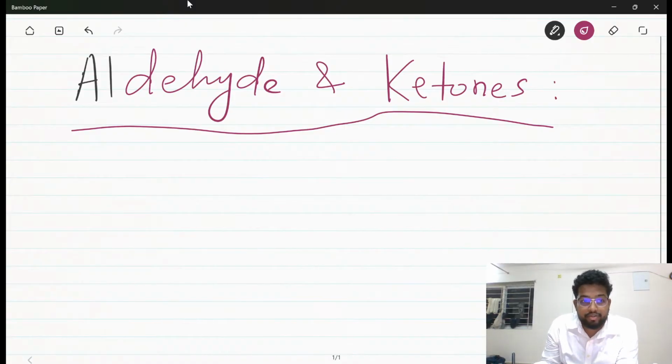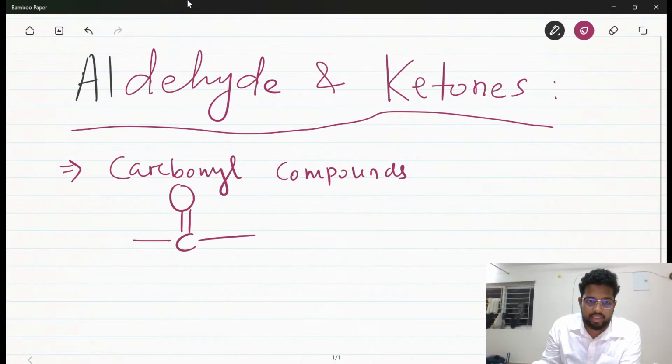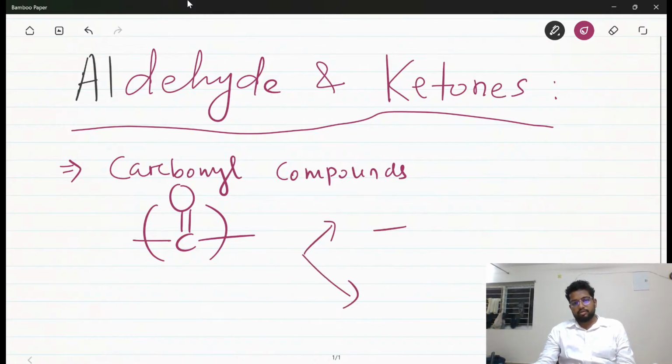So aldehyde and ketone are collectively called as carbonyl compounds. What is the characteristic functional group a carbonyl compound has? C double bond O. If that C double bond O is having a hydrogen on one side, that is called as aldehyde.